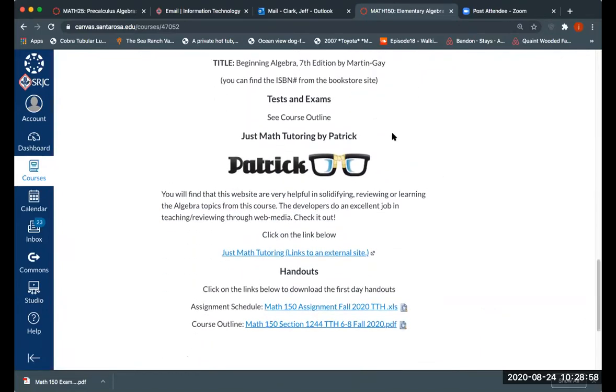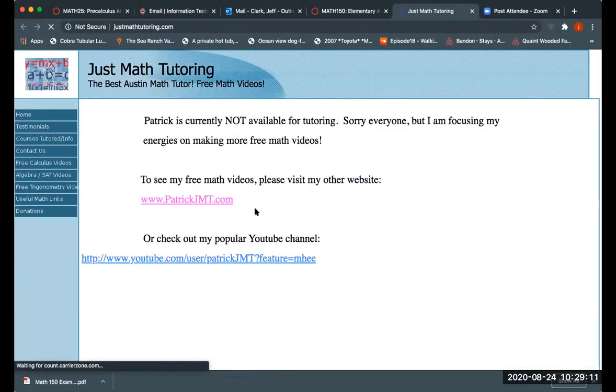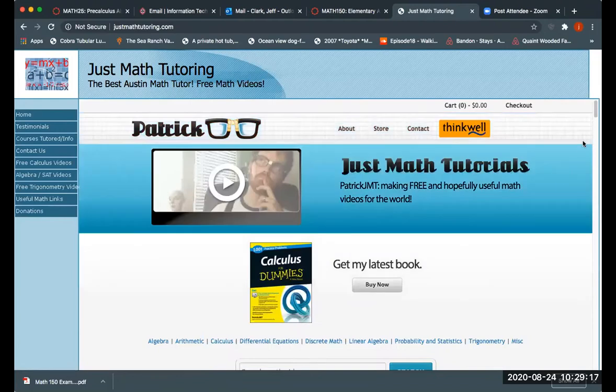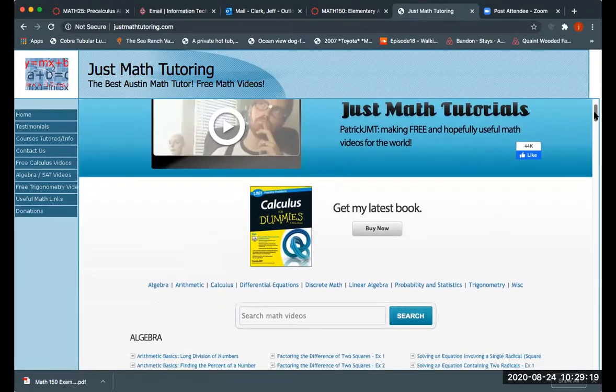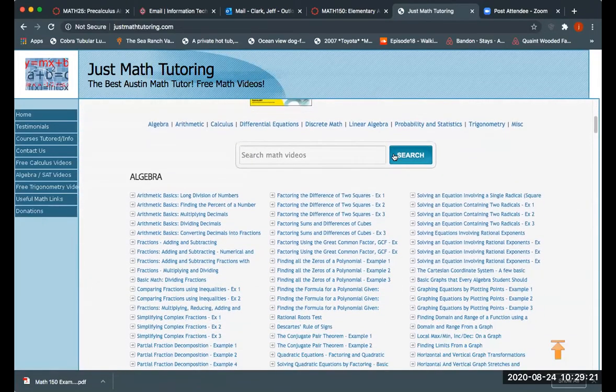Towards the bottom, you see this pair of glasses right here? Mhm. There's a link for very good YouTube videos for all of our algebra. When I click on that, you'll go to one more link right here. And then you're going to see his website that has all these YouTube videos on algebra, along with some basic arithmetic, how to add and subtract fractions, and some review.